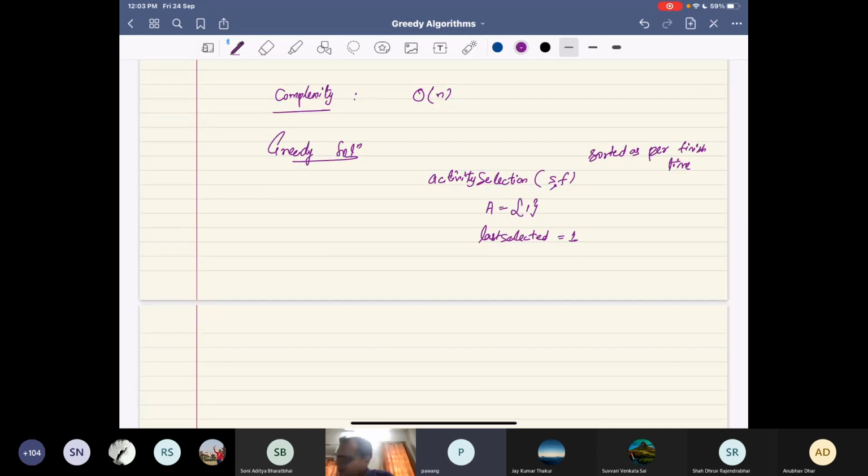Now you have a loop for m equal to 2 to n. For each activity, you have to make one check. What is the check?